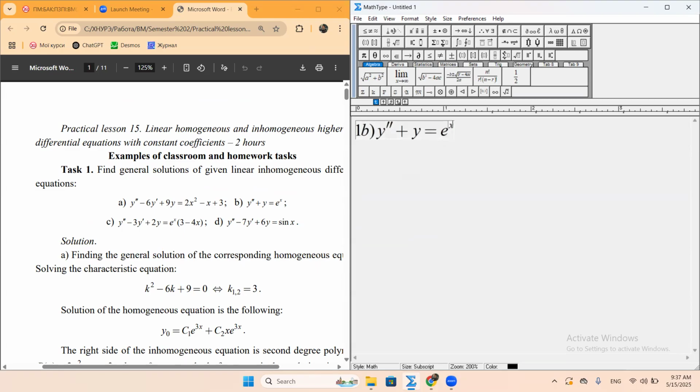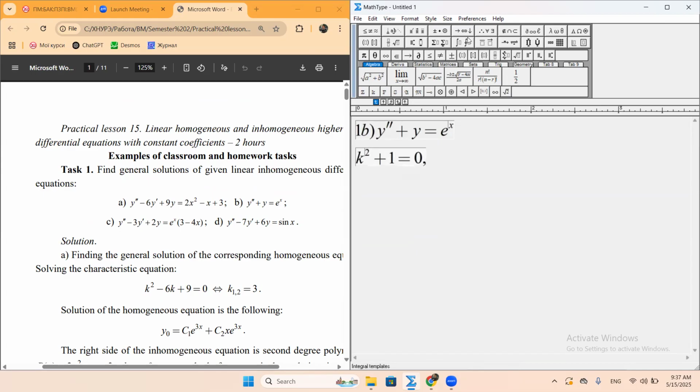So y double prime plus y equals e to the power of x. Writing down the characteristic equation: k squared plus 1 equals 0.